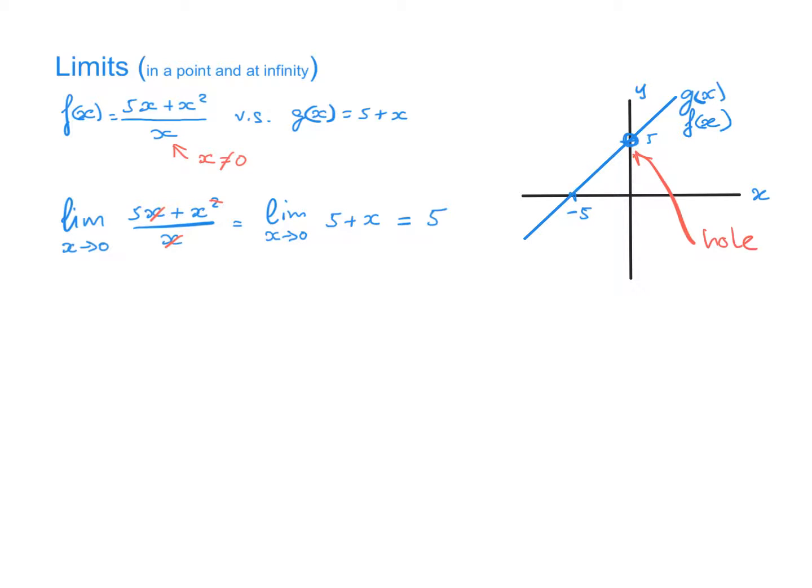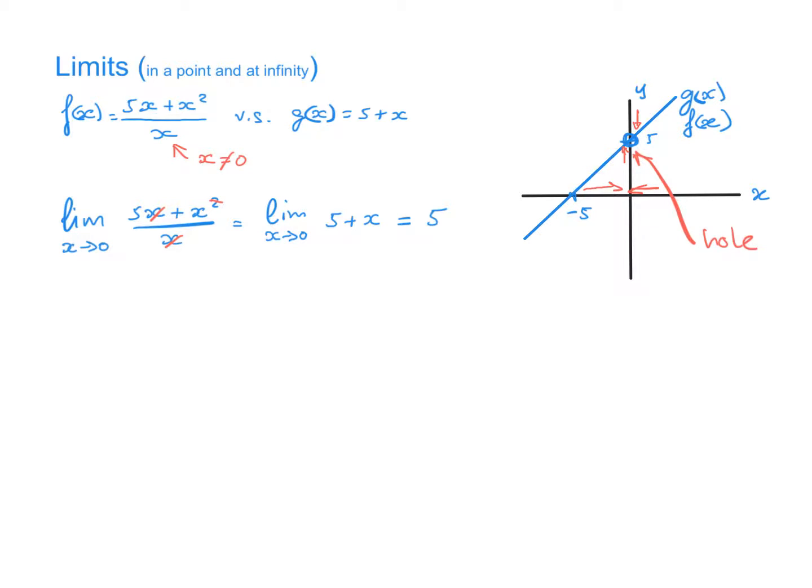It cannot happen. So the function is a line all the way up until this point here, and there's a gap, and then it goes on again on the other side. There's a little hole there. But we also know that when x approaches 0, from that side or from that side, the function value does indeed approach 5 from the top or from the bottom. So that's the first one.